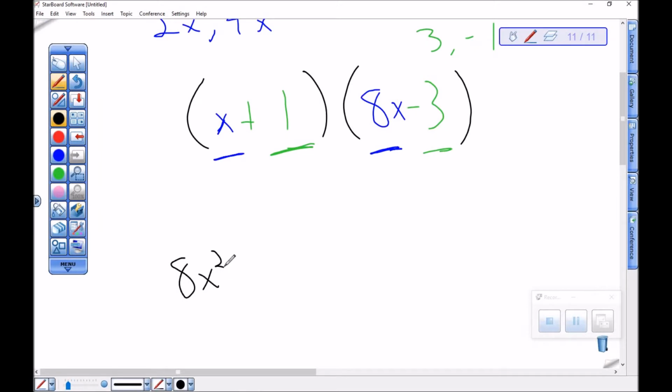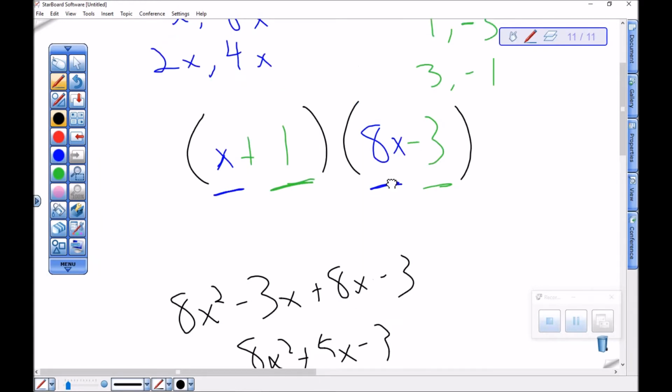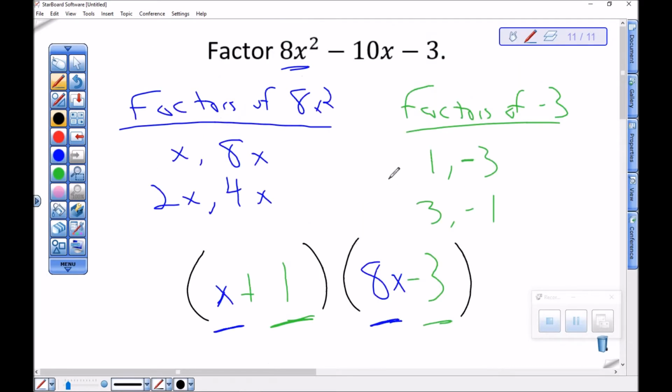Outside, x times minus 3 is minus 3x. Inside, 1 times 8x is plus 8x. And last, 1 times minus 3 is minus 3. So this is 8x squared plus 5x minus 3. Not what I wanted. I wanted a minus 10x in the middle, so these guys were not correct.